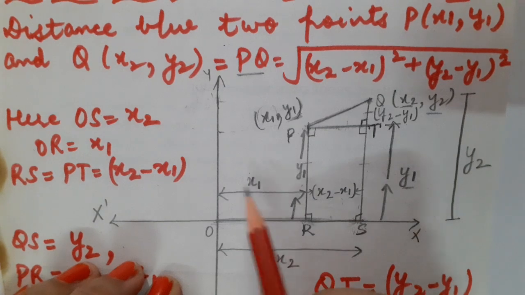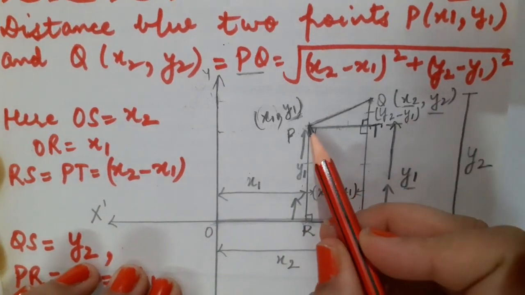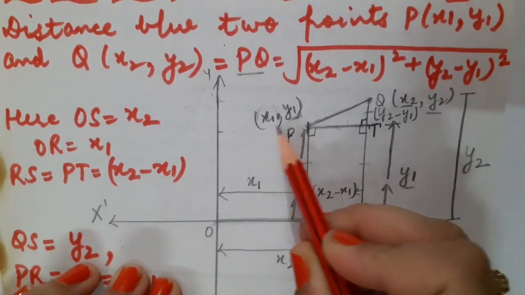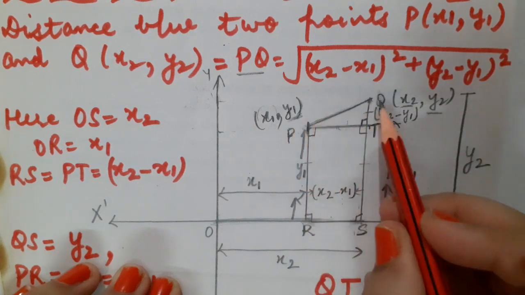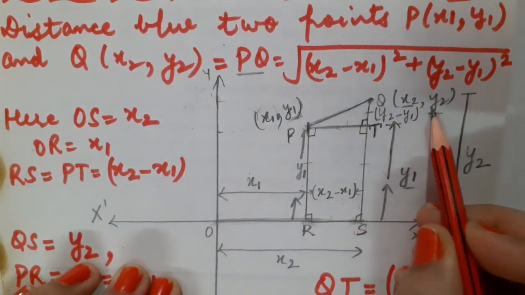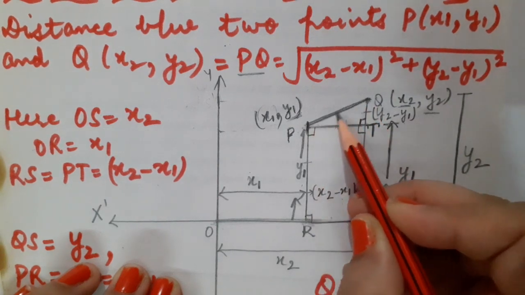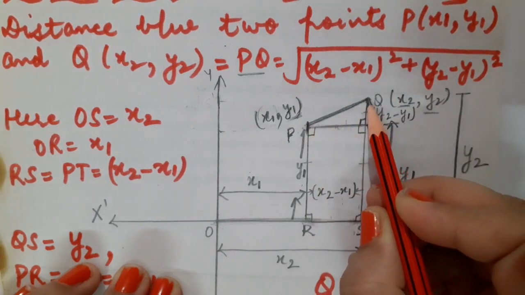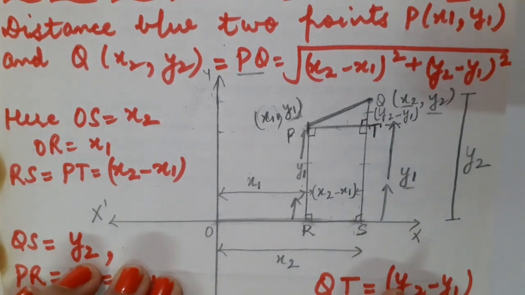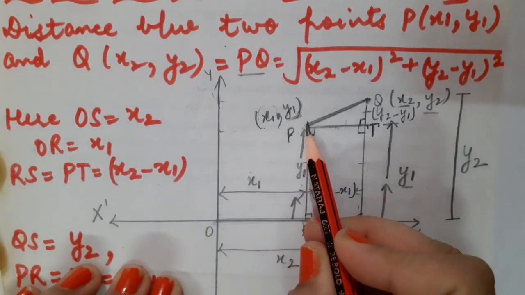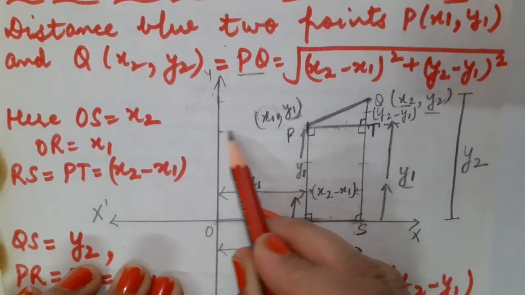Now children, look here in this Cartesian plane. You can see the point P whose coordinates are x1, y1 and point Q whose coordinates are x2, y2. I have to calculate this PQ, which is nothing but the distance between P and Q. Children, while explaining the Cartesian plane, I explained that the x coordinate of a point is basically its perpendicular distance from the y-axis.